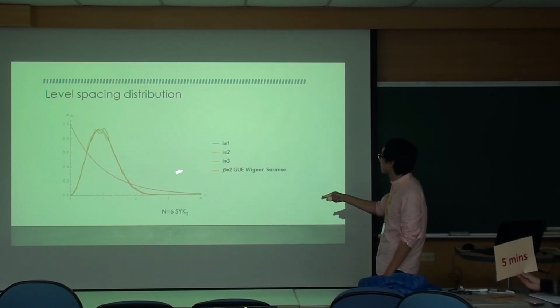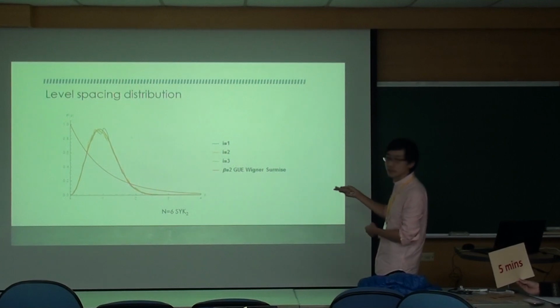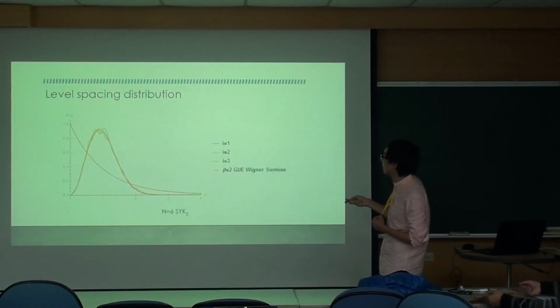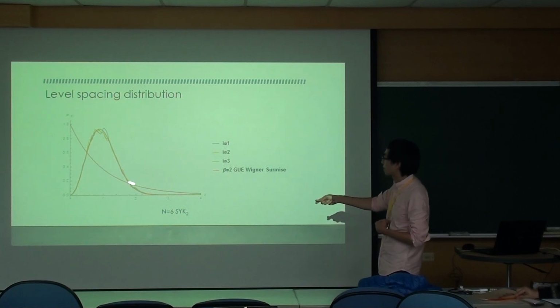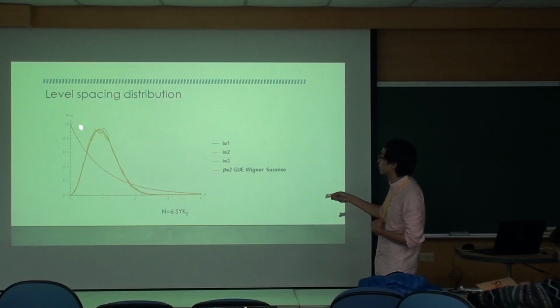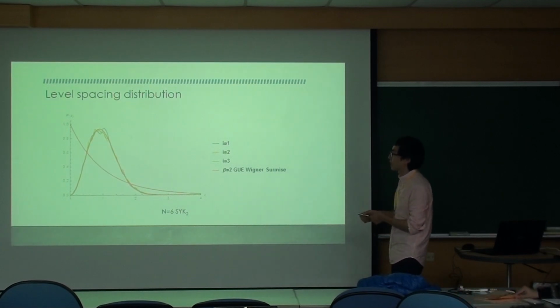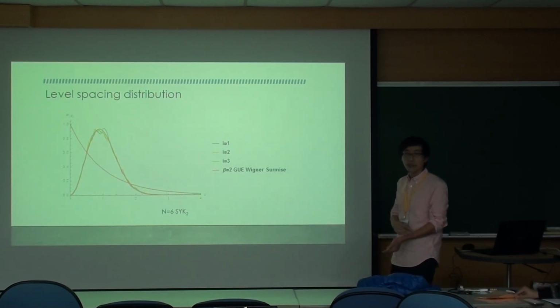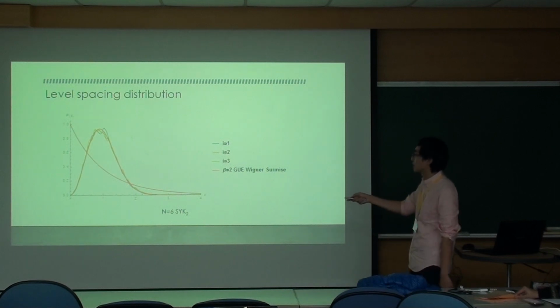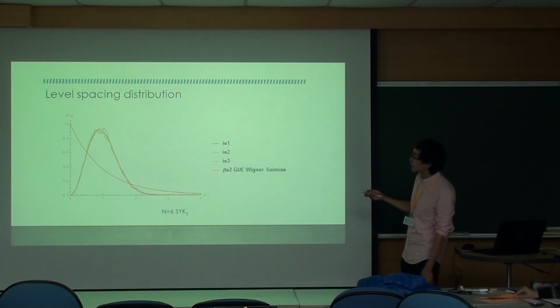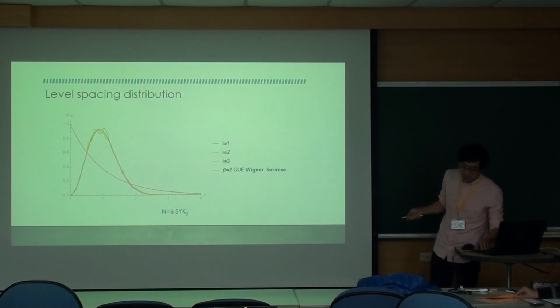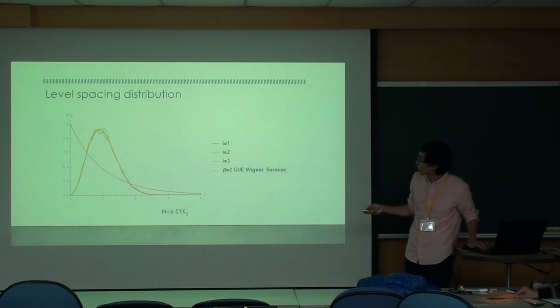These three are all level spacing distributions you can compute for 6 Majorana fermions in SYK2, and they all follow the Wigner distribution. So if random matrix theory is a very good indicator of a chaotic system, that means SYK2 should be chaotic. But we know this can't be true. So there's some contradiction here.